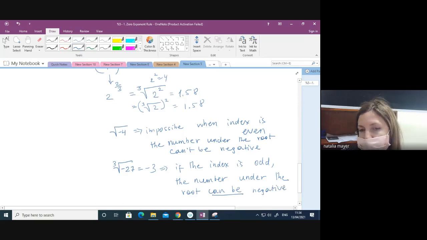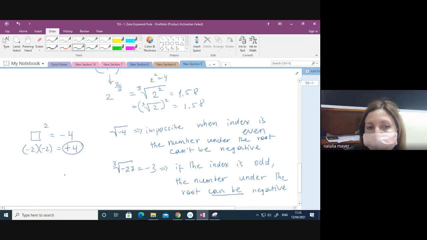And why does it make sense, guys? Who can explain? Why does it make perfect sense? Because for a square root, I'm thinking which number raised to the power of 2 gave me -4. Is it possible to square something to get -4? Of course not, because even if this number is -2 and you multiply it by -2, it's going to be +4, not negative.